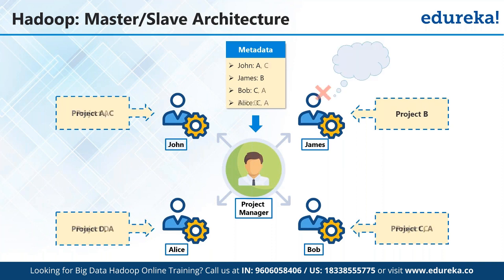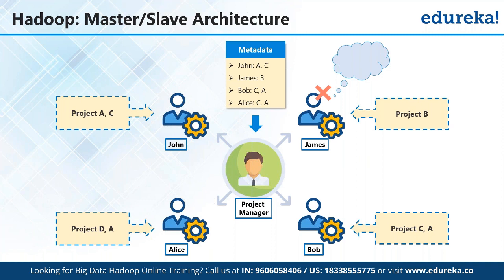Now let's say project B is no longer being worked on. Now you see the difference. John works on projects A and C, and Alice and Bob are working separately on projects D, A and C, A. But project B, what is the difference here? Only James was working on project B. For every other project, you have some backup, some copy.